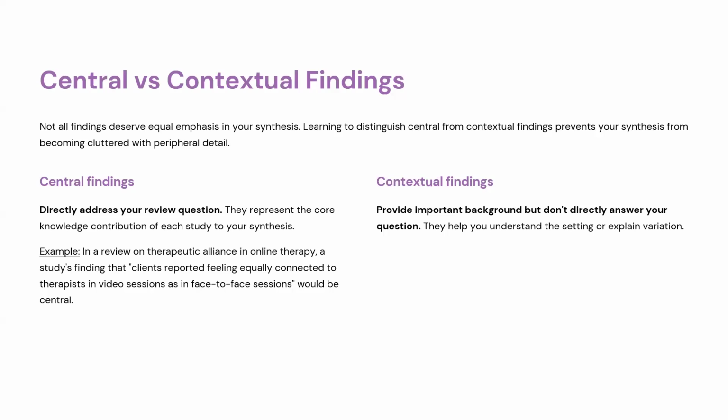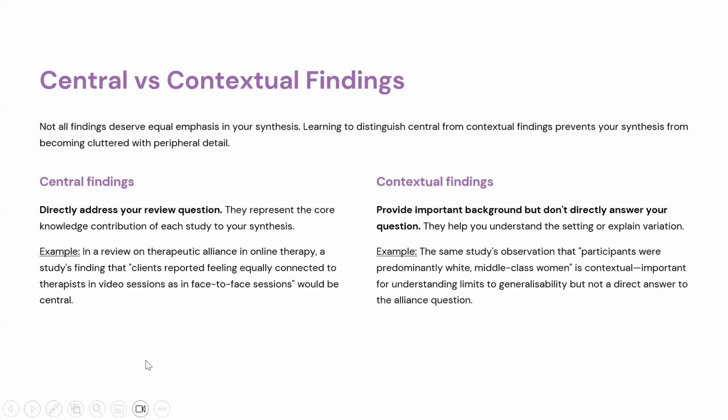If it is taking a more supportive role, then it becomes, by definition, more contextual in its nature. An example of that would be the same study's observation that participants were predominantly white, middle class women: it is contextual, important to understanding limits to generalizability, but not a direct answer to the alliance question.